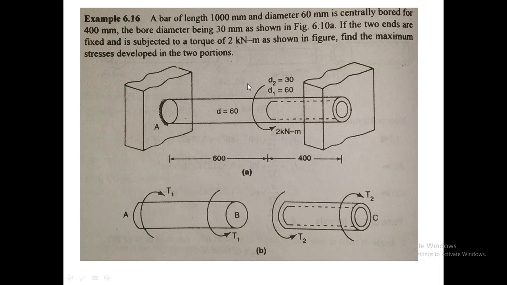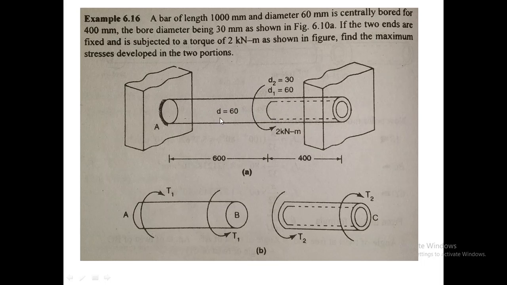So this problem we had solved earlier. It is where the two ends are fixed, and some torque is applied at some distance. The total length of the shaft is 600 plus 400. At 600 millimeter length, we are applying 2 kN/meter, and this portion of the shaft is hollow.